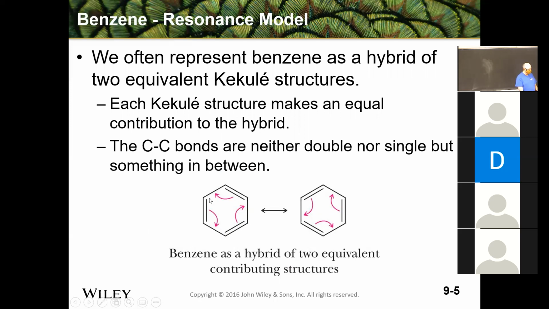Okay, if the double bonds were fixed in that position, we would have 3 short bonds, the double bonds, and 3 long bonds. Turns out that all 6 bonds are exactly the same length, and they're halfway between that of a typical double and single bond.